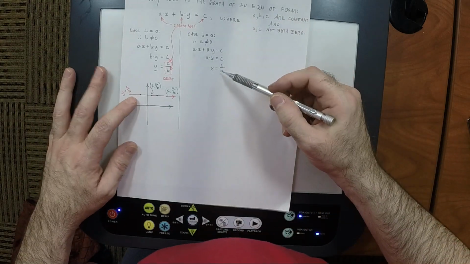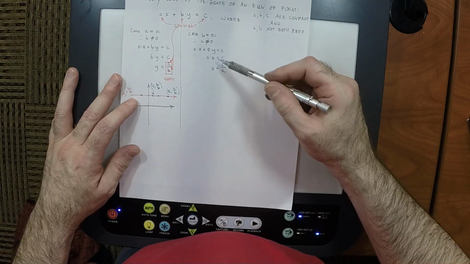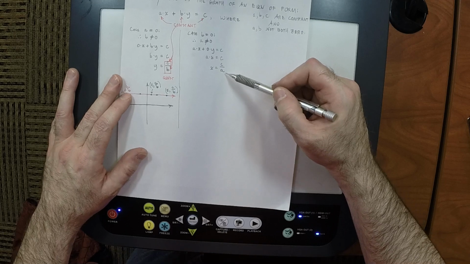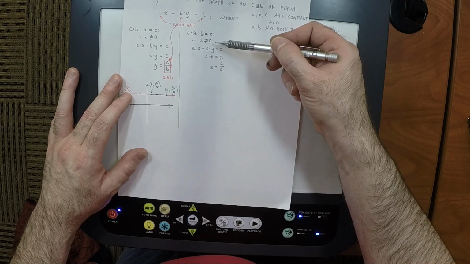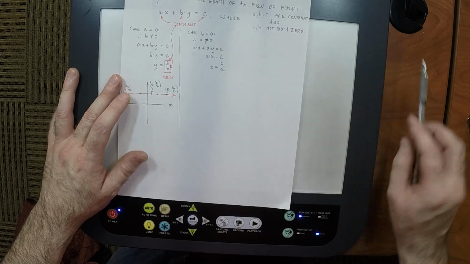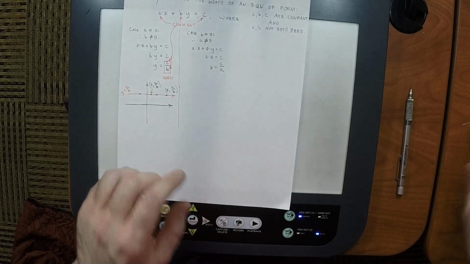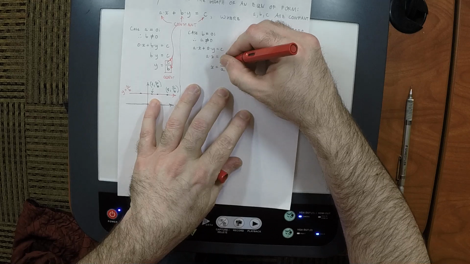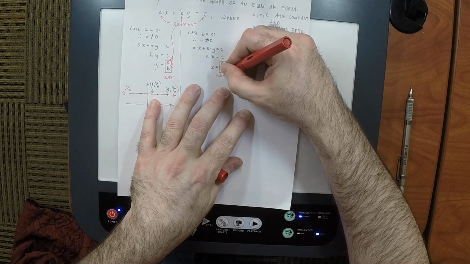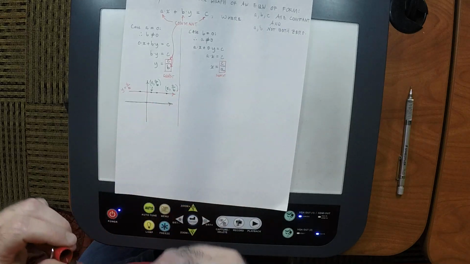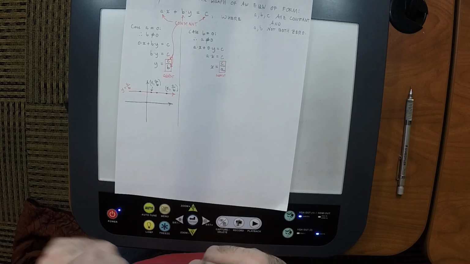And again, what's the permission to perform that division by A? Right there. That's what makes it legal. And because A, B, and C are all constant, this is a constant. So we're looking at x equal to a constant.